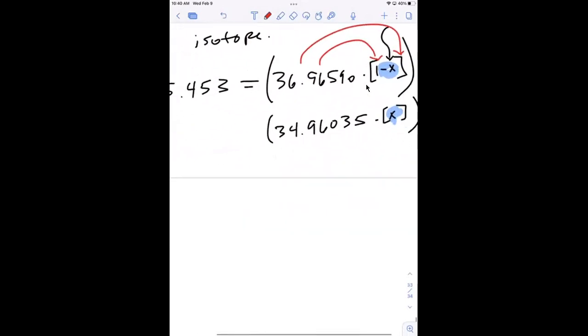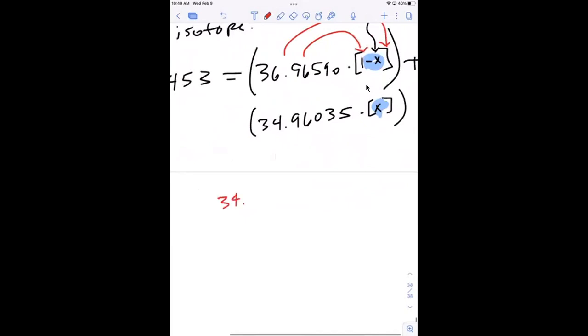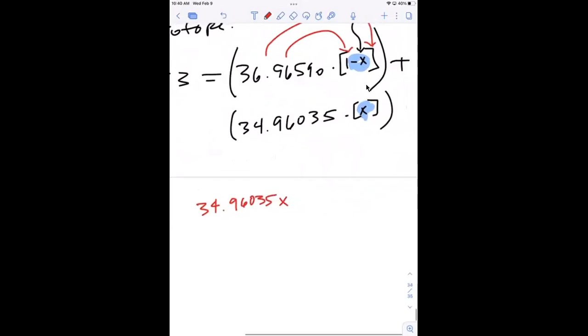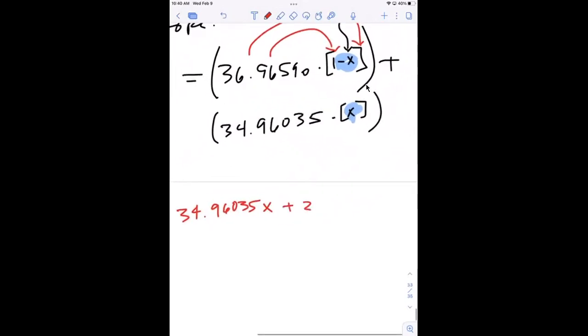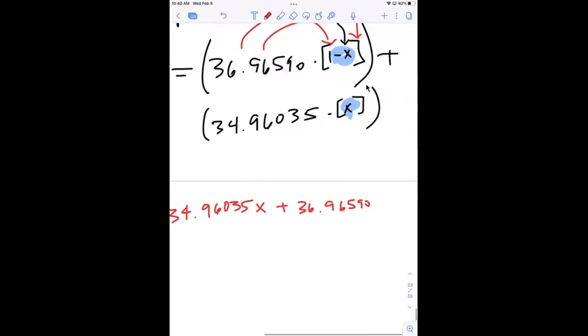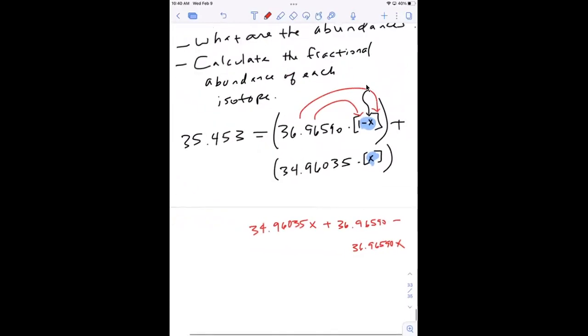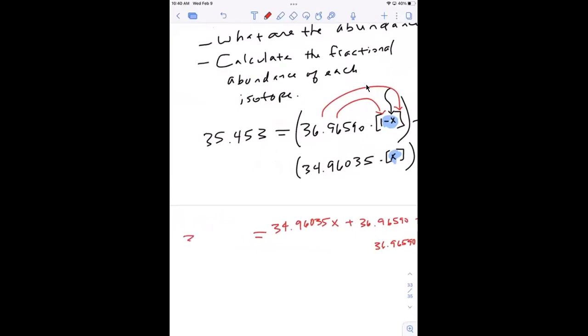I'm going to write this out down here: 34.96035x plus 36.96590 minus 36.96590x, set equal to 35.453.